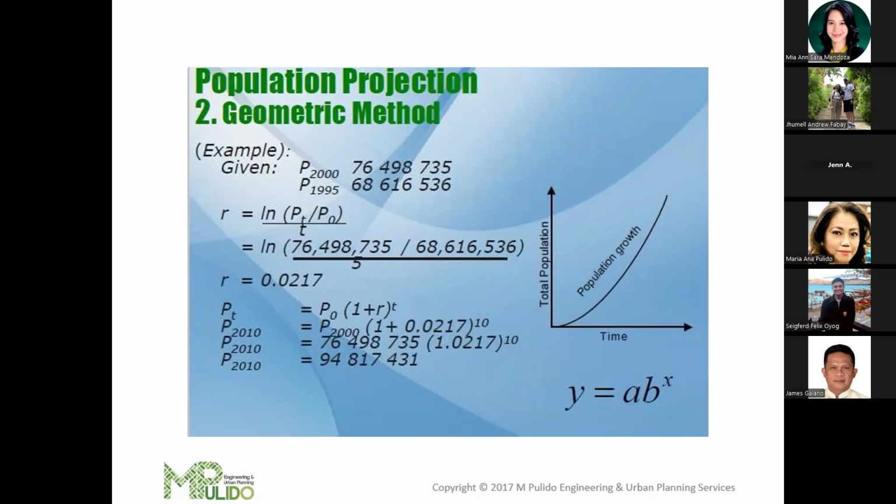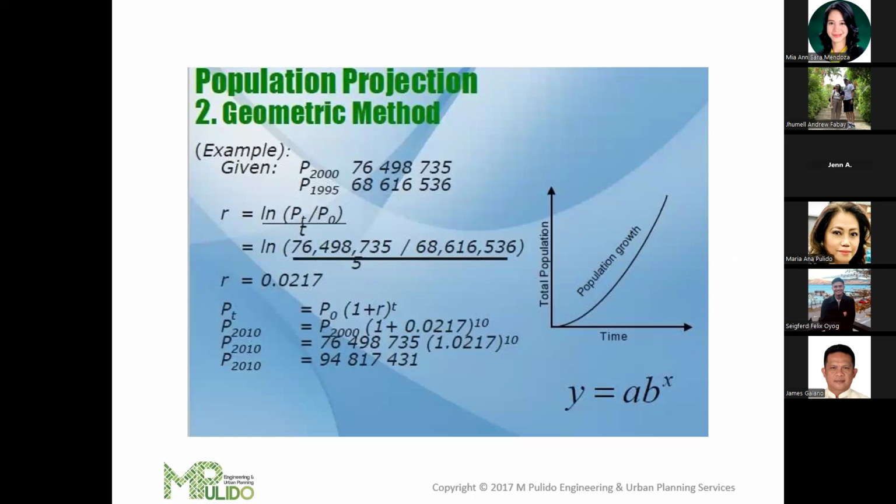We're interested in finding the annual growth rate R, and then using that to project the population for the year 2010. So we solve for the growth rate using the formula R equals ln of (PT over P0) over T. Here, PT equals 76,000.